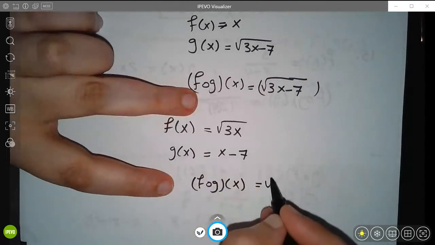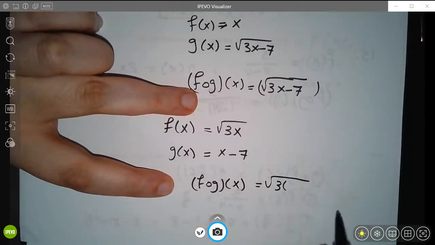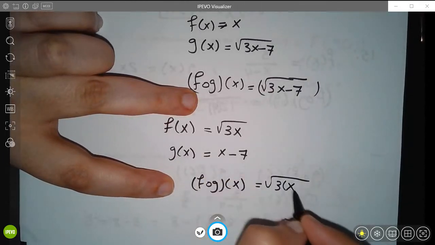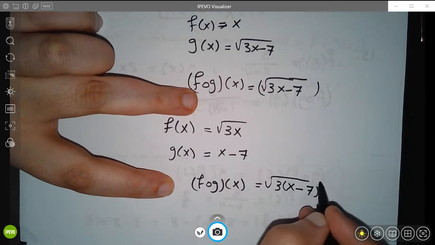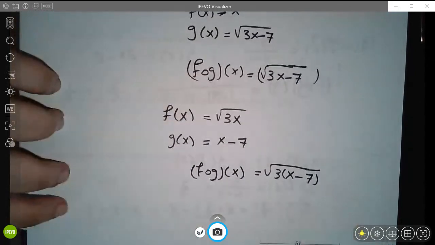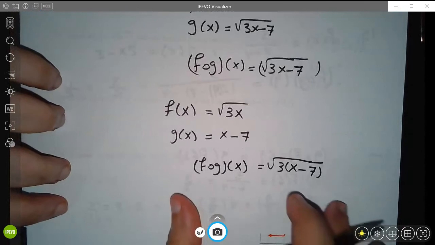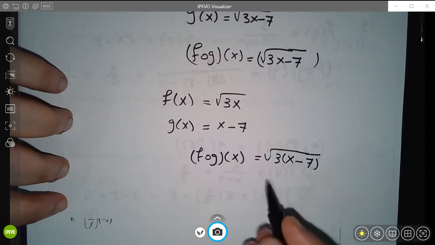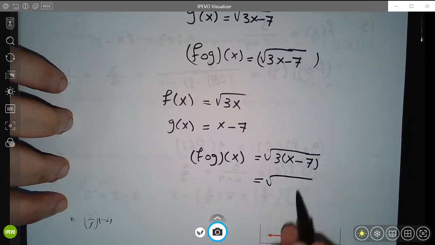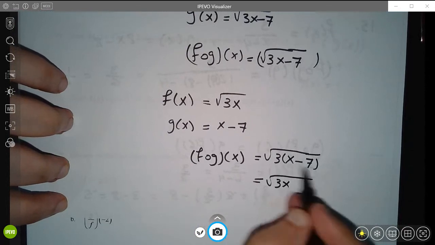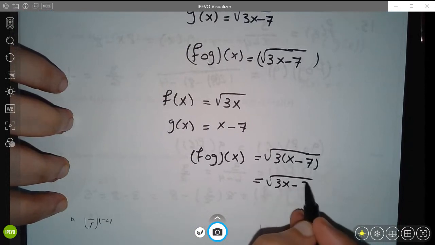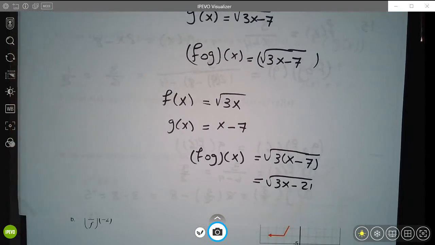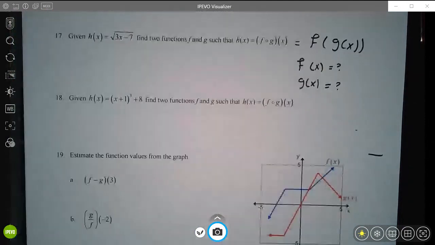And x is root of 3 times something, and that something is x minus 7. See, we're so close. But the 3 is going to get multiplied to the 7 too. So you get what? 3x and negative 21. Yeah. There you go.